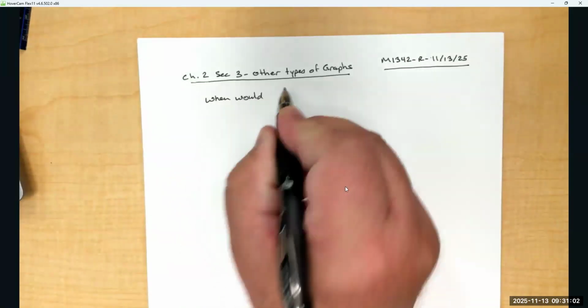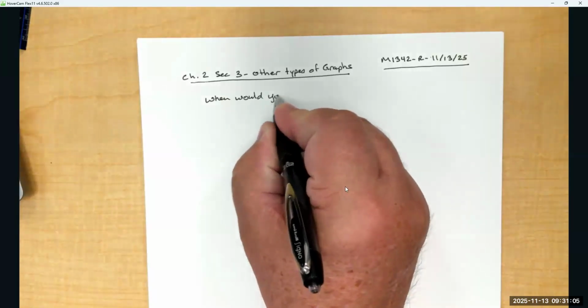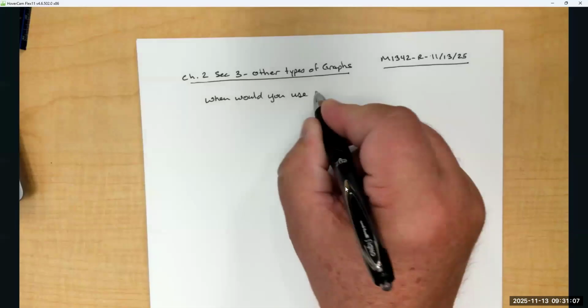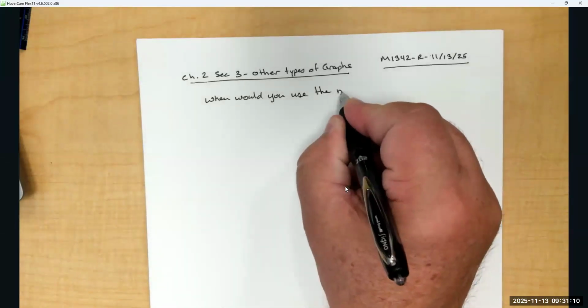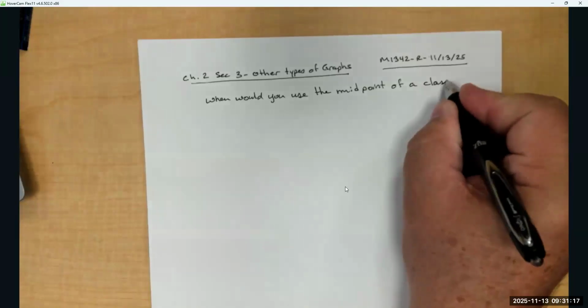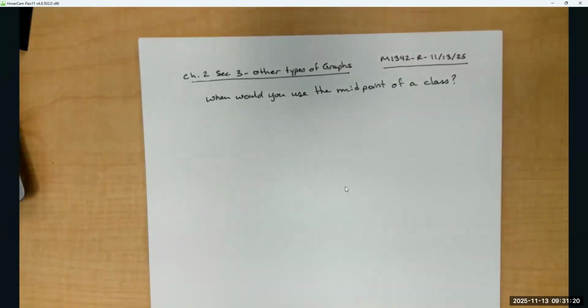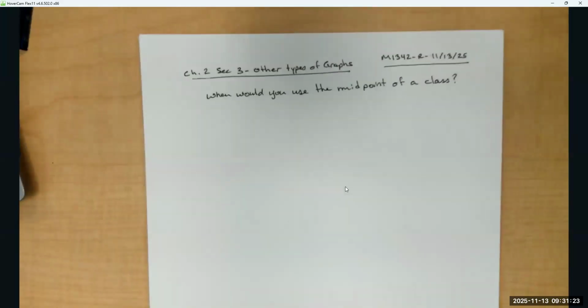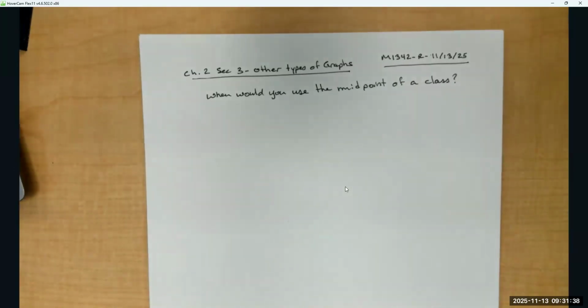First question I have for you all. There's the question. When would you use the midpoint of a class? Don't look at your notes.